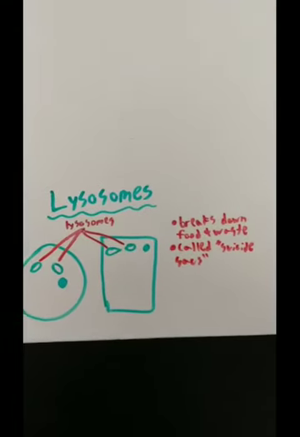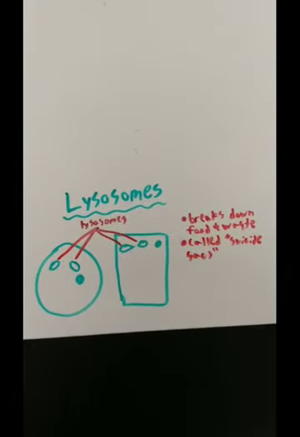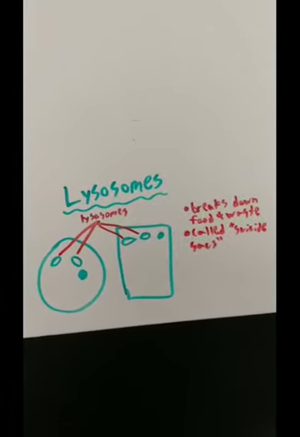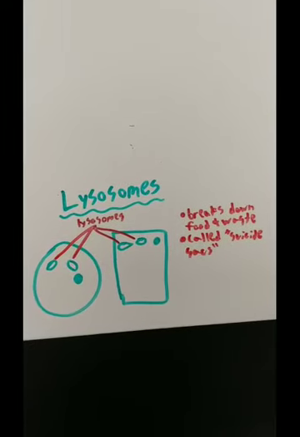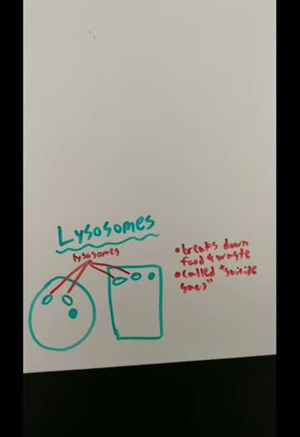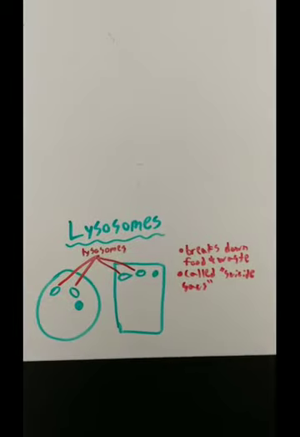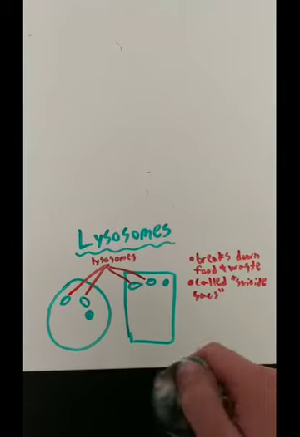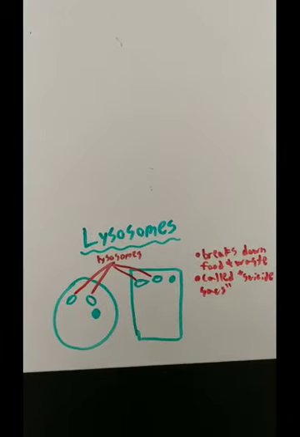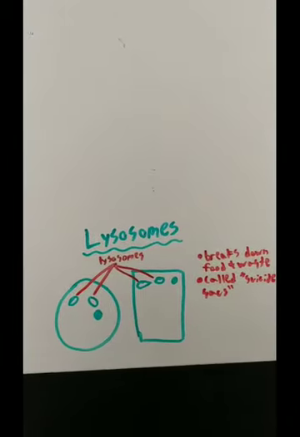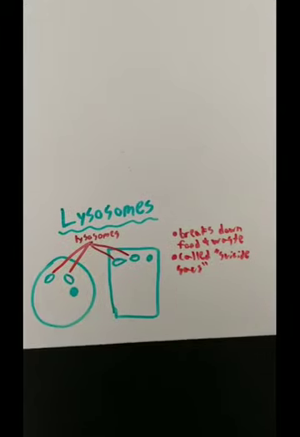So next is lysosomes, and these guys are like the janitors of the cell. They break down waste and food into smaller bits that they can reuse and recycle. Sometimes they're called suicide sacs, because if there's something wrong with the cell, one of the lysosomes could burst and release all that toxic waste into the cell and effectively kill the cell.